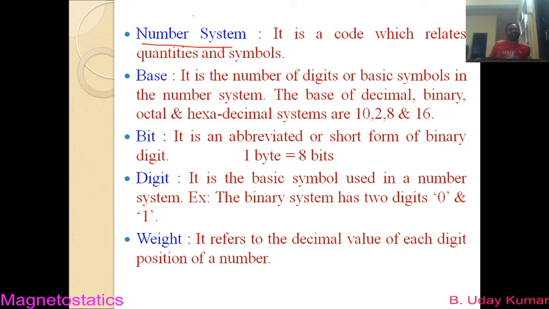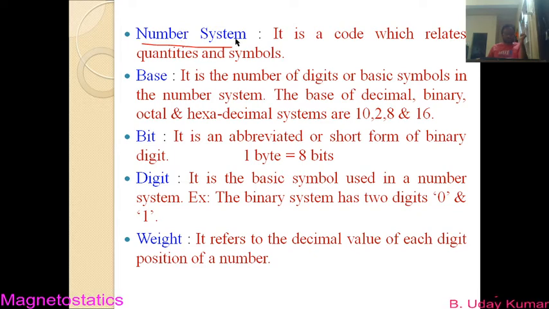In our previous slide we came to know the different types of number systems that exist, and in this slide we try to understand the basic definitions of the terminologies that we come across in this chapter.